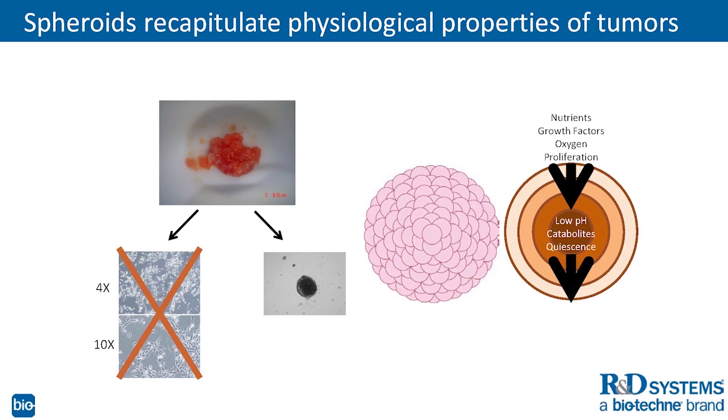And within the spheroid, we have multiple layers of cells. Each layer of cells represents somewhat of a diffusion barrier for these nutrients to diffuse into the spheroids, as we can see with the top arrow.